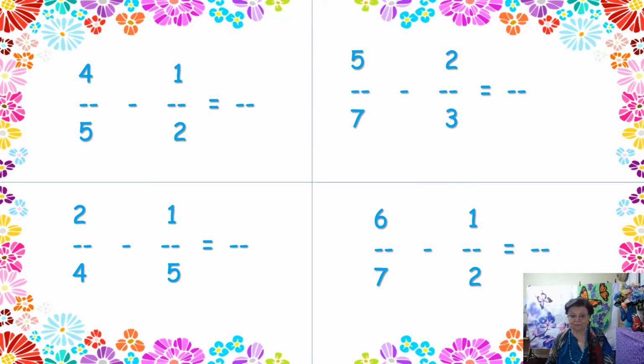Oh ho ho ho, I tried to trick you. You guys have the system figured out, but now I'm going to subtract. But guess what? It's okay, because it goes the same as addition, except you're going to subtract the new numerators.